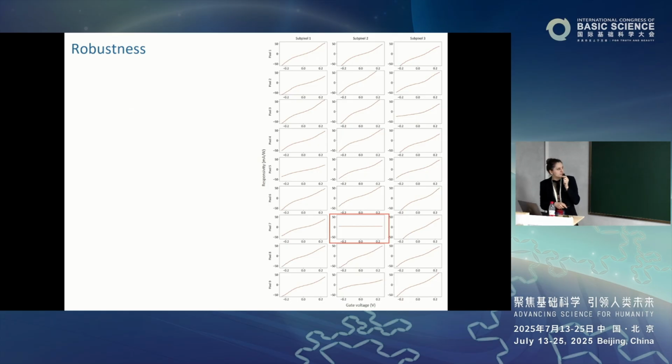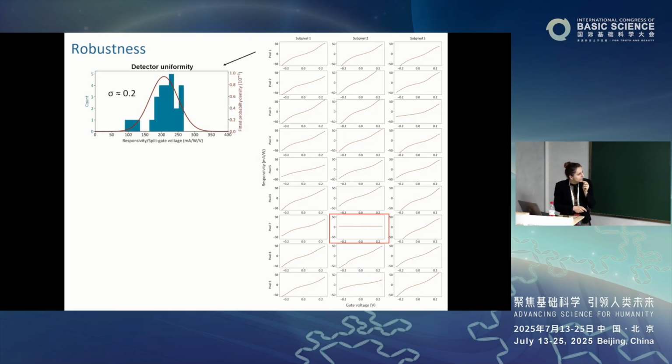So how good was the device? Actually, out of 27 subpixels, one didn't work because of some connection, or we don't know why. And then you can see that these curves are not exactly the same. So for example, this one is slightly different than this one, right? In general, they are very similar because they were extracted from the same crystal. But with 2D materials, the problem is that their properties depend much on where you put them.